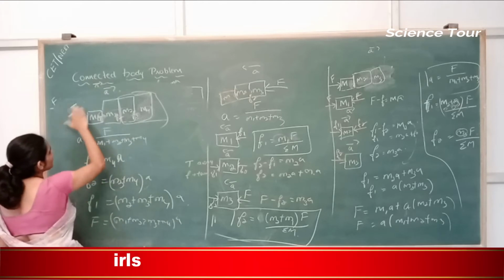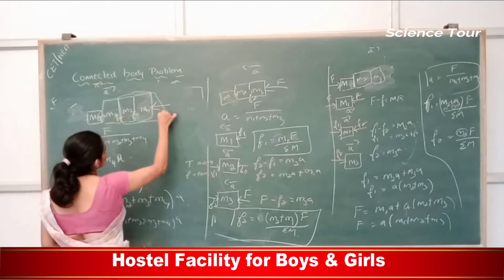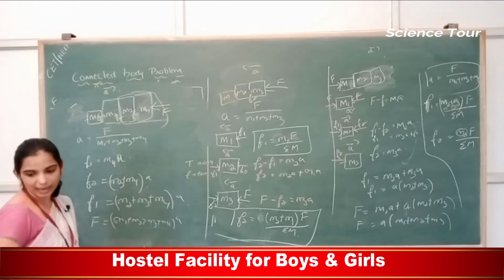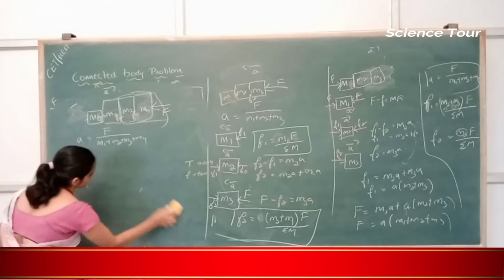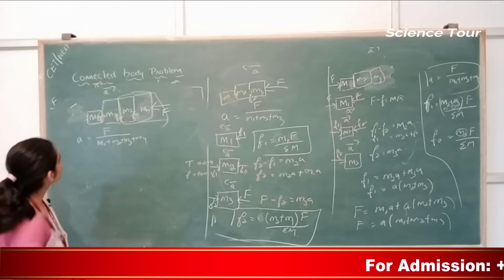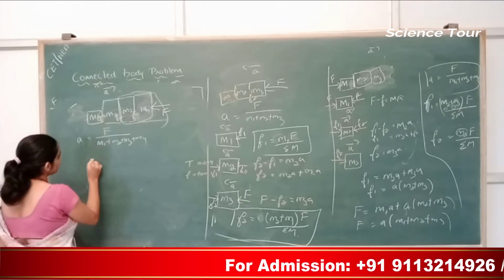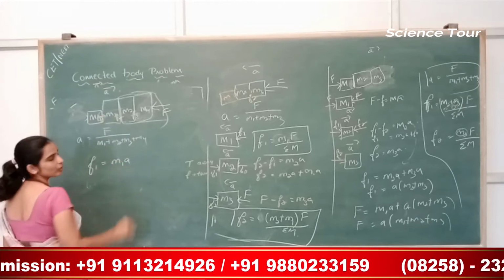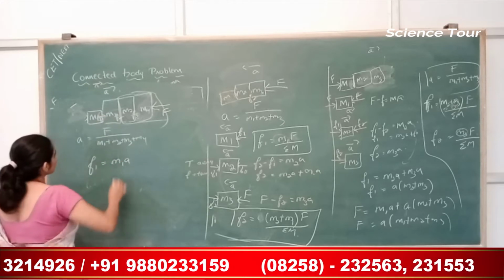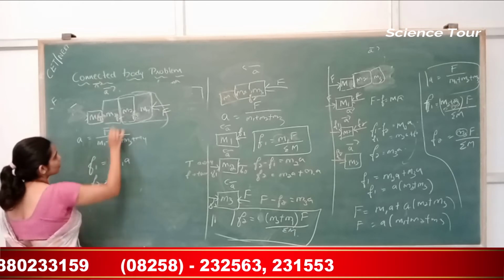If the force is applied here, then what will be the F1, F2, F3? See, force is applied here, then this is F1, right? F1 is equal to M1 into A. Okay, F2 is equal to, this is F2.